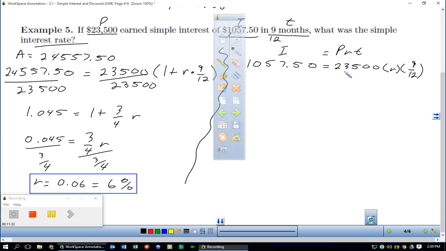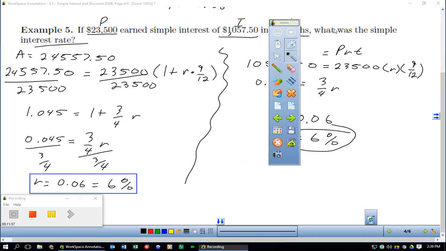We divide by 23,500, which gives us 0.045 equals 3/4 R, and you get that R equals 0.06, or 6%.